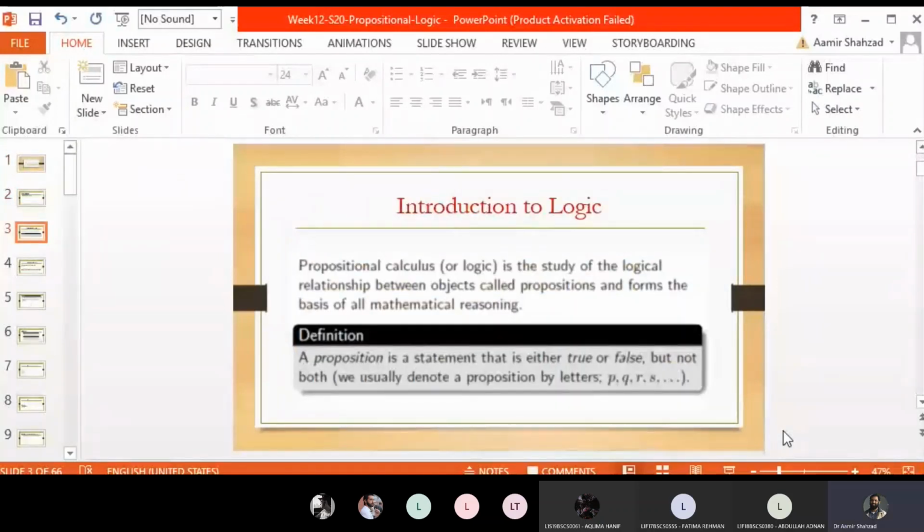So usually जो भी हमारी statements होती हैं, जब हम mathematically उसको express करते हैं, we represent statements with some symbol.